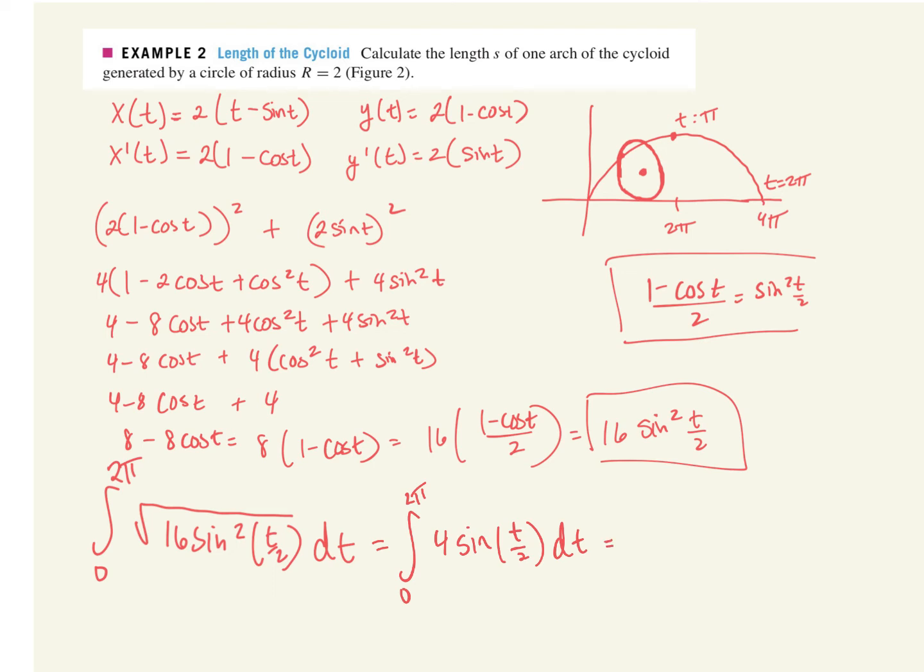So this would go to negative 8 cos of t over 2 from 0 to 2 pi. And then evaluated at 2 pi, divide by 2 is pi. Cos at pi is negative 1, so you get a positive 8. Cos at 0 is positive 1, so you get minus the negative 8, so you do get 16 there.